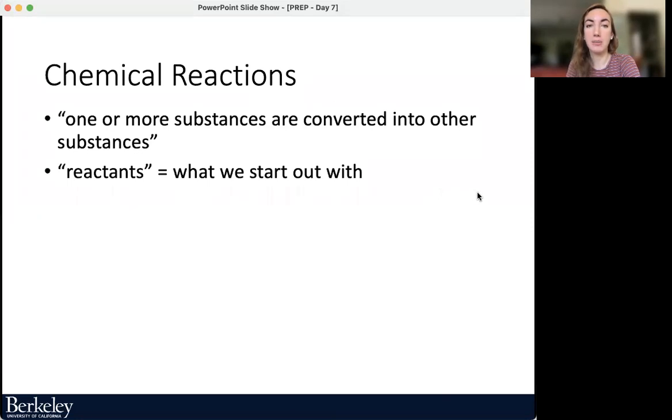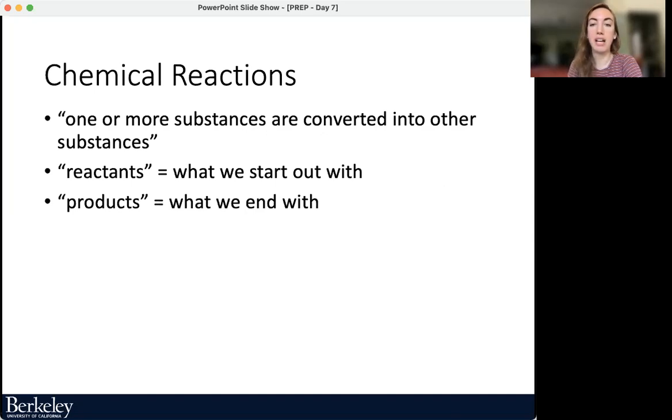And just some words and definitions. Reactants are what we start out with. These are the things that are going to react with each other. And then products are what we end up with. So even if reactants isn't an easy word for you to remember, products is what we end up with at the end.